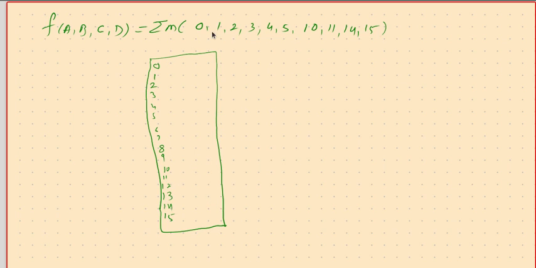Done. Then select these positions. So it says 0 is required, 1 is required, 2 is required, 3 is required, 4 is required, 5 is required, then 10 is required, 11 is required, 14 is required, 15 is required.